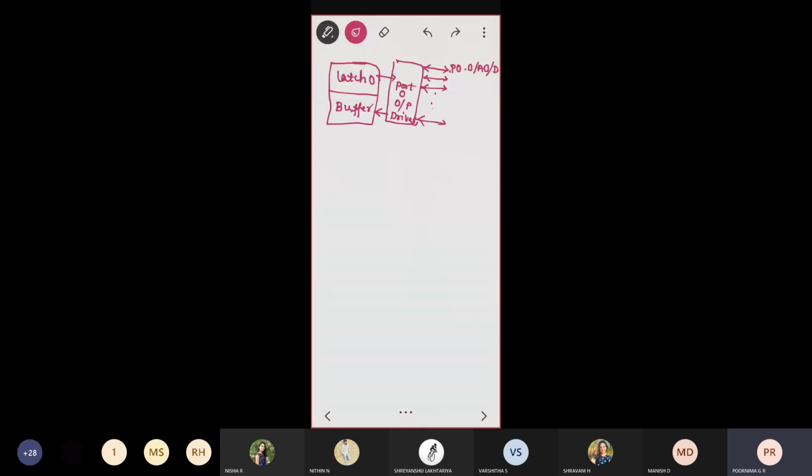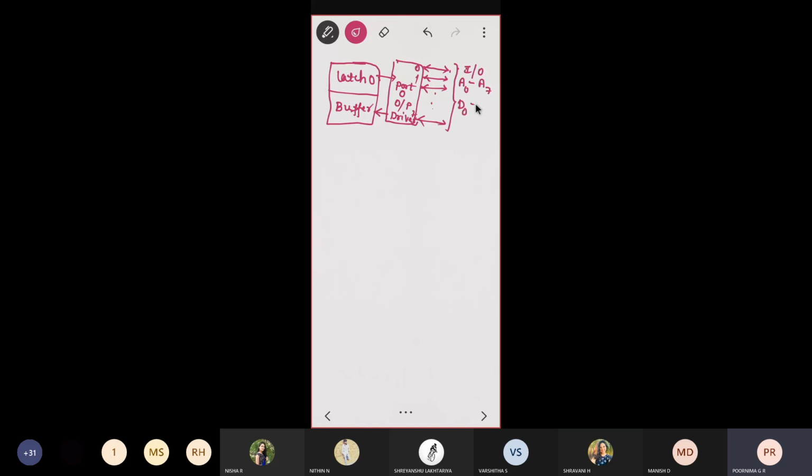So in general, if I'm writing all the pins of port 0, let me tell you what I'll be writing, because that is what I've written for your explanation purpose. Now, if you take this, 0, 1, etc. up to 7, 8 pins are there. It can be used for input output operations. It can be used to hold the address ranging from A0 to A7.